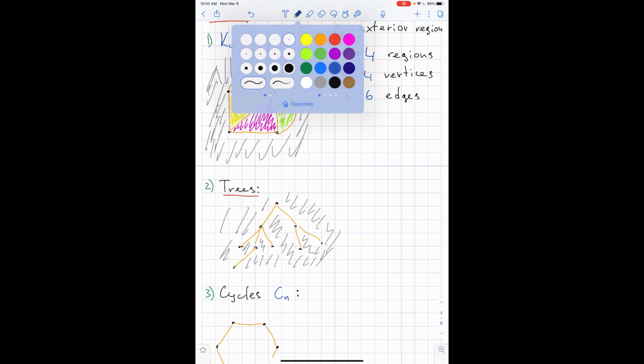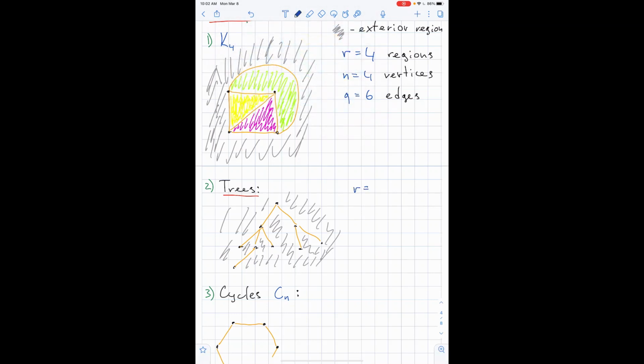So we can conclude here that the number of regions is 1, and we might have any number of vertices, but the number of edges, as we proved previously, is just one less than the number of vertices. So we have 1, n, and n minus 1.